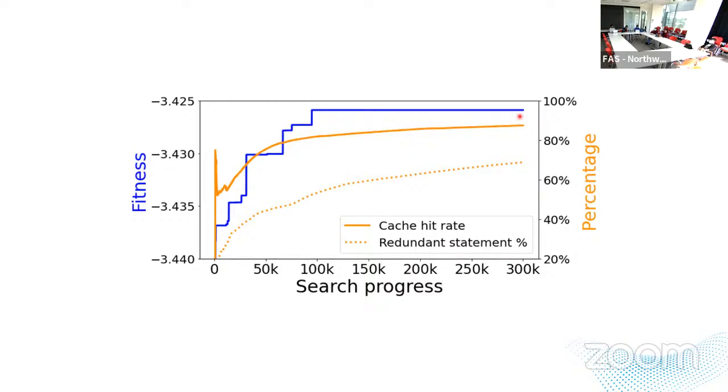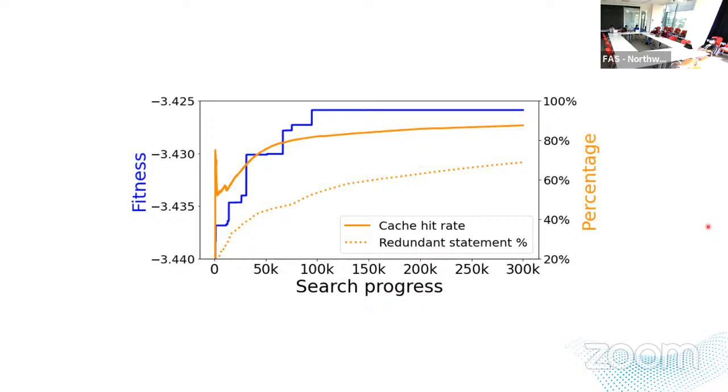Also for redundant statements, it's 69%. They have found programs which have redundant statements. So they mentioned that this abstract execution is very important in terms of quickly getting the output.